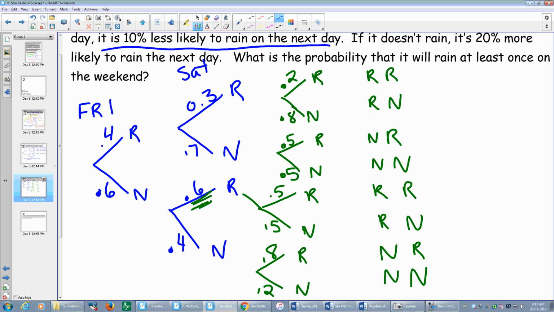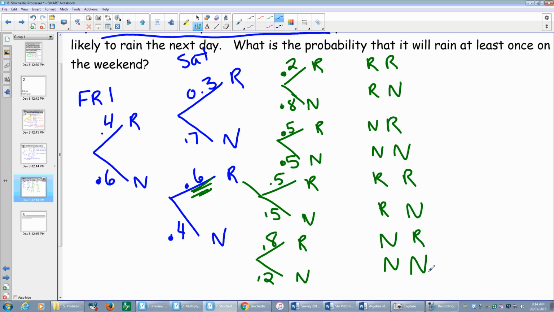So for the probability that it will rain at least once, I can use the indirect method, which would be saying, what cases would I subtract from this? Eric, what did you say again? Yeah.